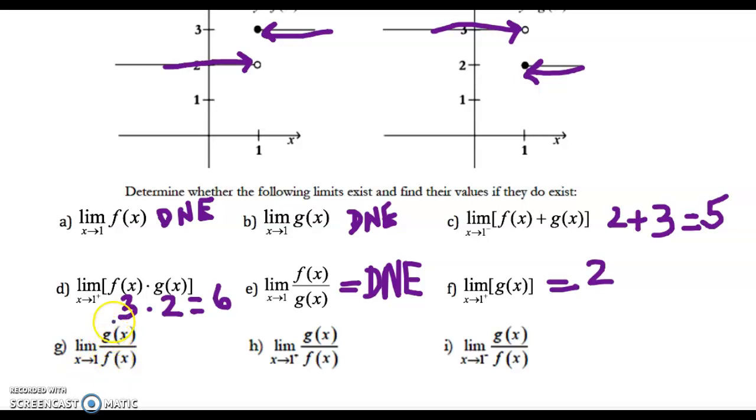And again, this is the limit of a quotient, which is the quotient of the limits. But the limit of g of x and the limit of f of x as x approaches 1 both do not exist. Therefore, the quotient can also not exist.